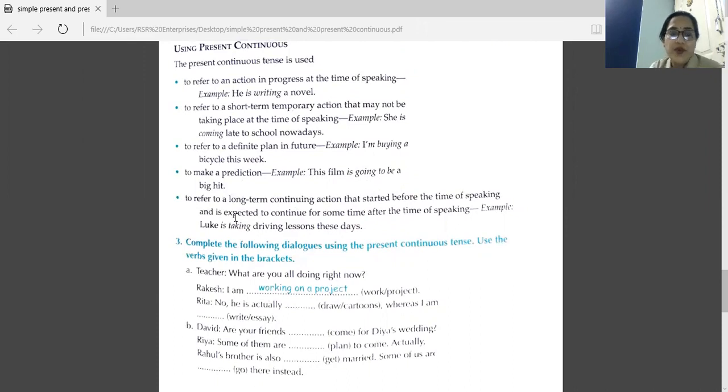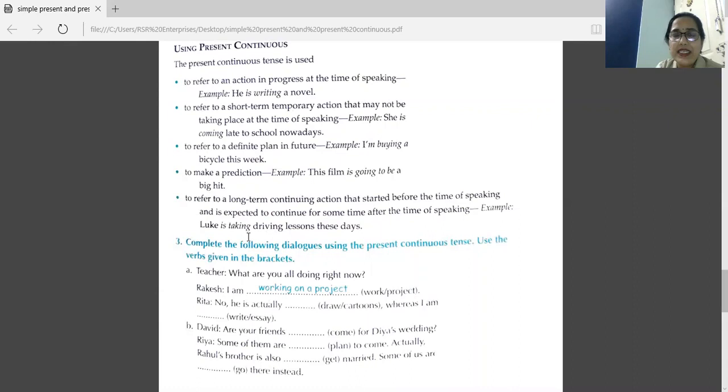Next one, to refer to a long-term continuing action that started before the time of speaking and is expected to continue for some time after the time of speaking. Started at some past time, at the time of speaking it's going on, and it's expected that it will continue for some time after the time of speaking also. See this example. Luke is taking driving lessons these days. That means it started at some past time, at present it's going on, and after some time also it will continue.